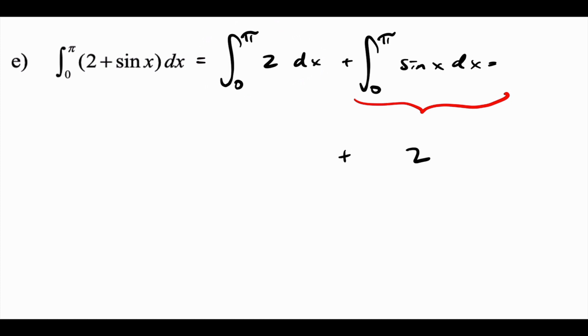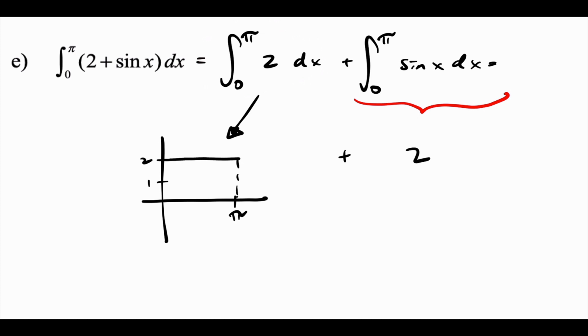So let's draw a picture. From 0 to pi, the function is 2, right? Looks like a rectangle.